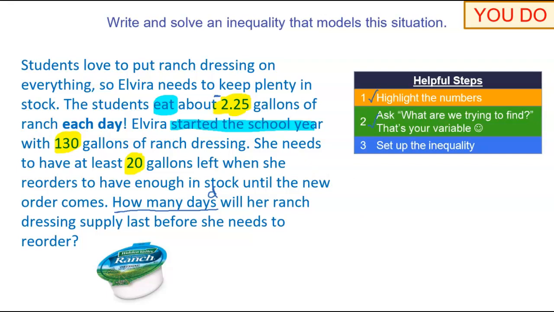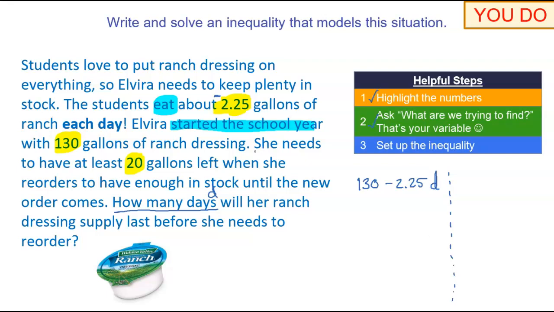So we started with 130. So maybe it makes sense to just start with 130 like that. And the students eat about 2.25 gallons each day. So if this is each day, then we're going to multiply it by the number of days. This is going to be minus 2.25 times the number of days, which we said was D. Then we have an inequality that goes some direction we haven't determined yet.